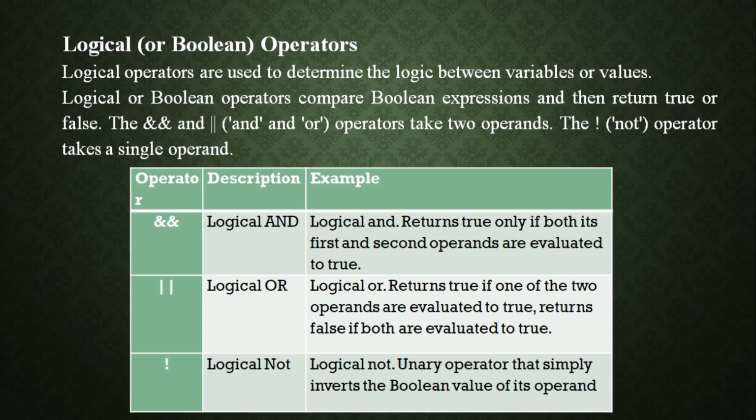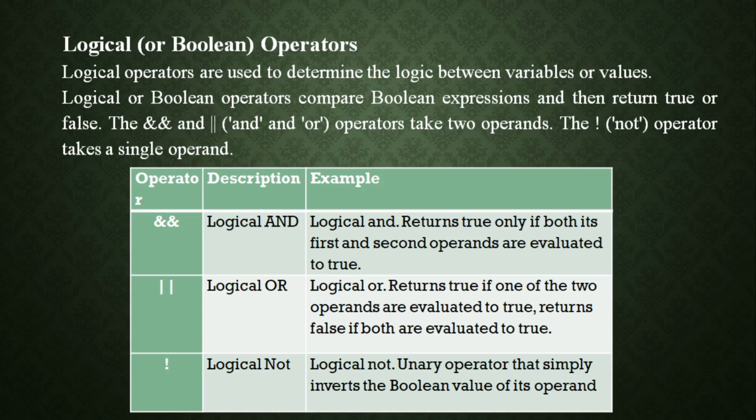Whereas logical OR returns true if at least one of the two operands is evaluated true. It returns false only if both the evaluated statements are false. If any one statement is true, it returns true. If the second statement is false, it still returns true if the first is true.